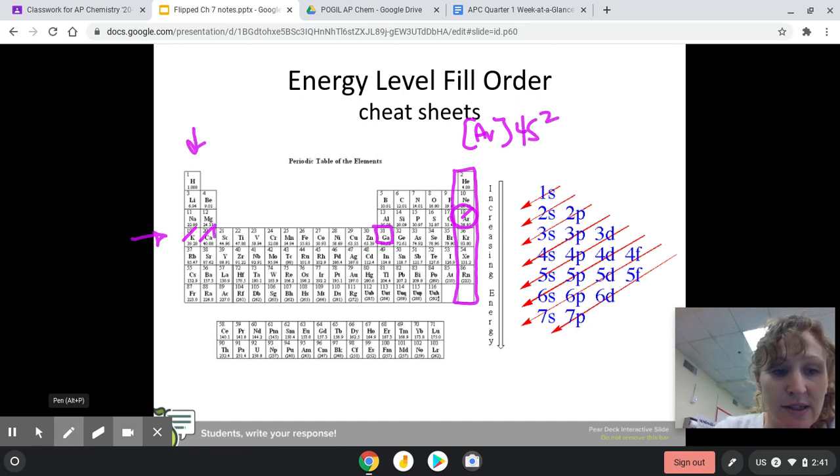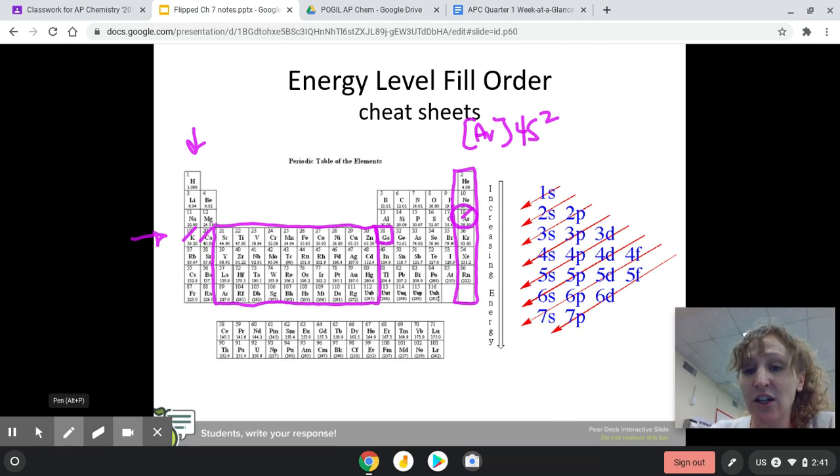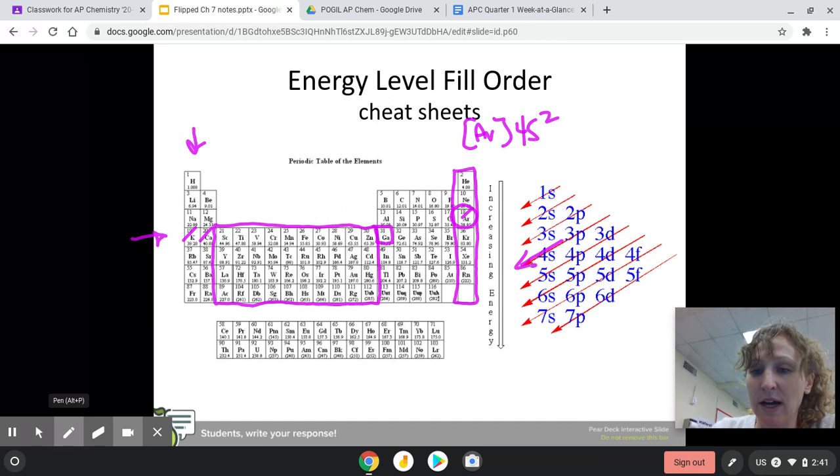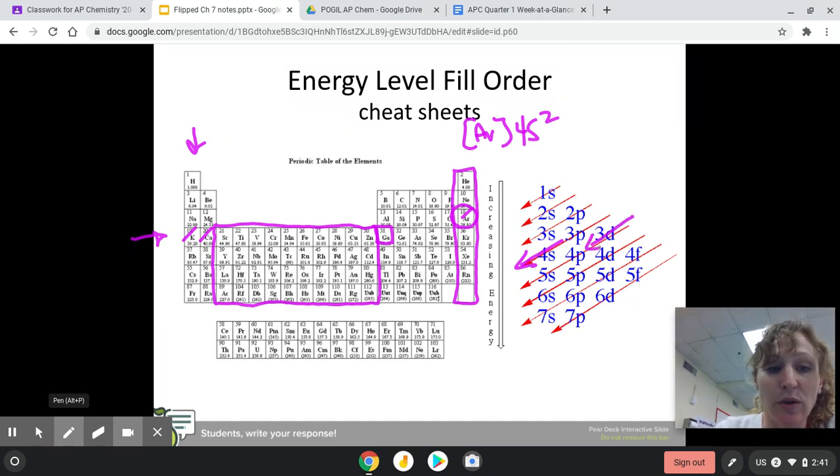And then notice this is the d block. And remember, the d block electrons follow the 4s. So it goes 4s and then 3d. So scandium is not 4d, even though it's in the 4th row. The d orbitals are offset by 1.